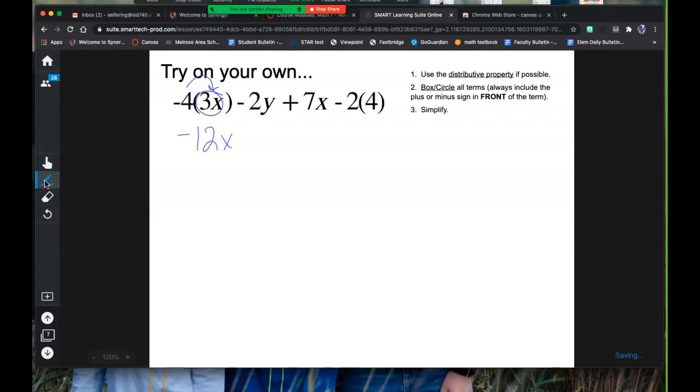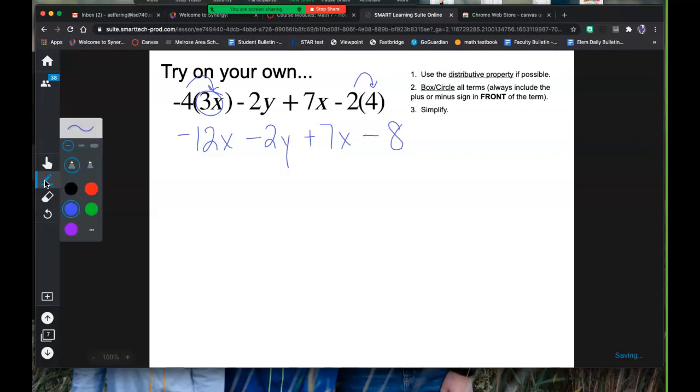Then we have -2y plus 7x minus, then we see parentheses again, and that means we need to distribute the 2 to the 4. And 2 times 4 is 8. So I've done the distributive property.